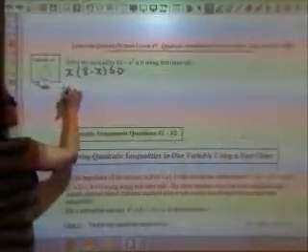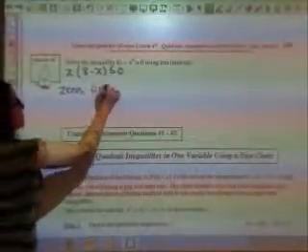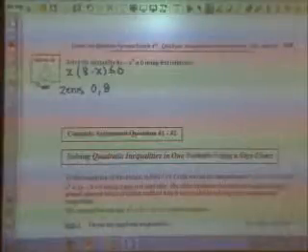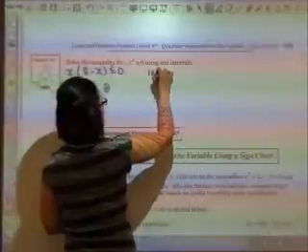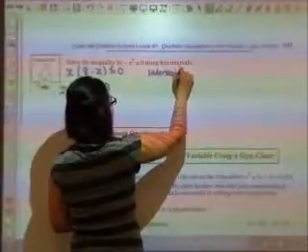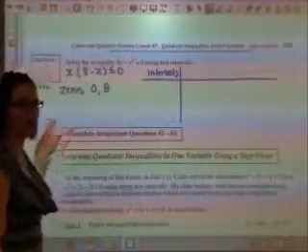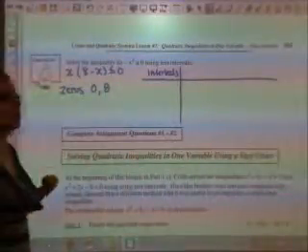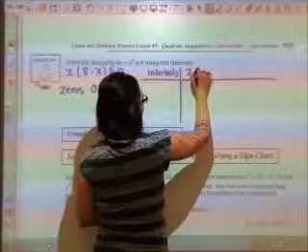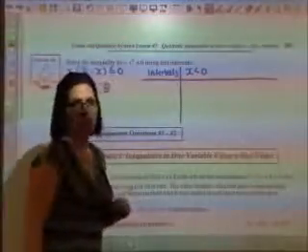So my zeros are 0 and 8. So then my intervals means I'm going to have all of the numbers that lead up to 0. So that's all the values less than 0.